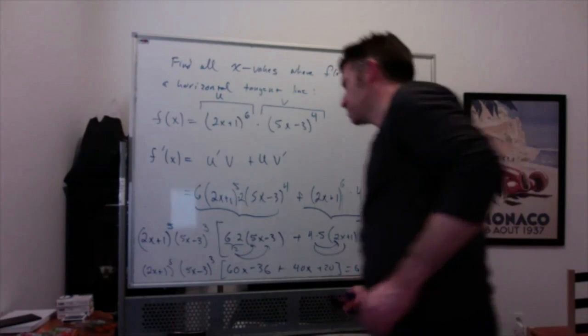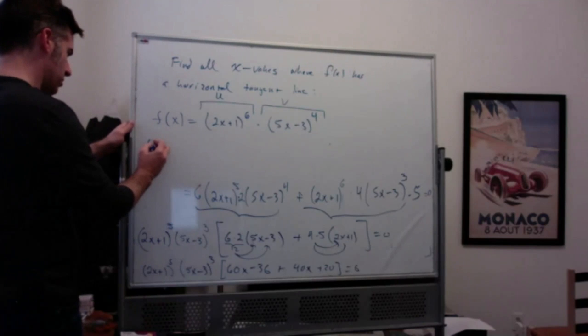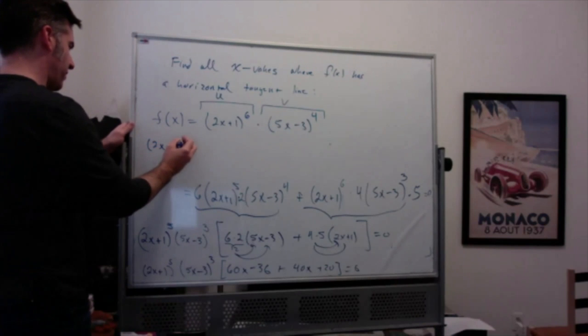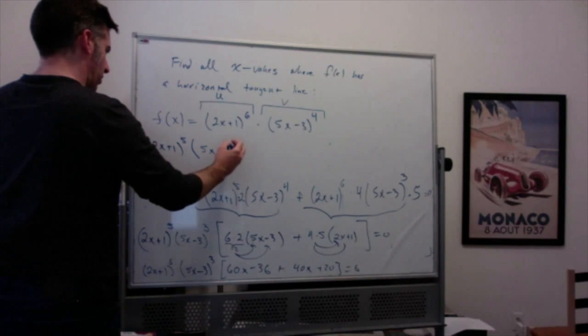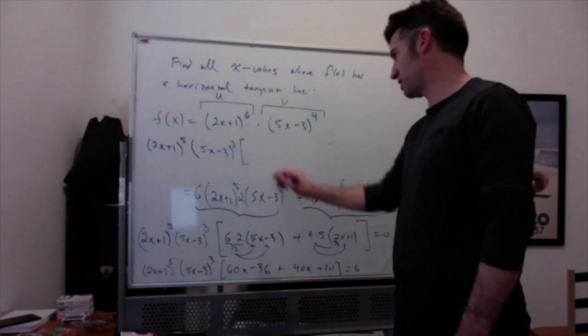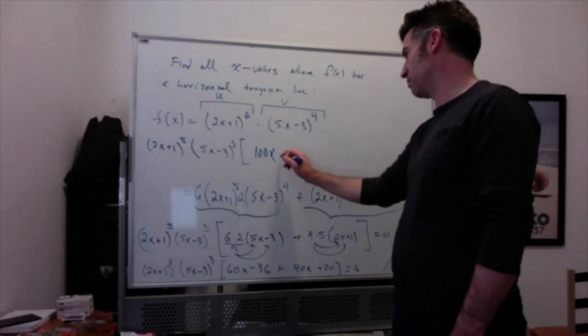So simplifying just a tad, I've got (2x plus 1) to the 5th times (5x minus 3) to the 3rd times 60x plus 40x is 100x, minus 36 plus 20 is minus 16.